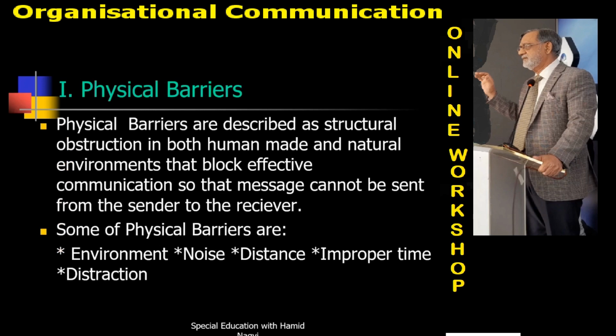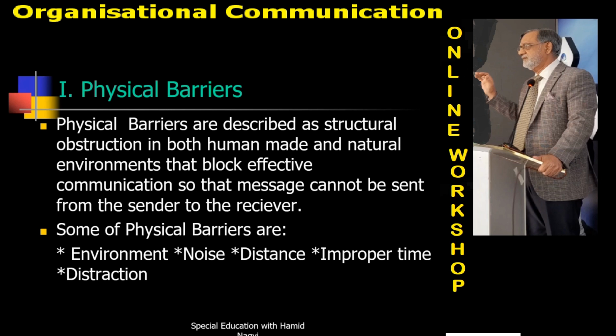Now, the first one we talked about is the physical barrier, and physical barriers are described as structural obstructions. They are structural obstructions in both human-made and natural environments that block effective communication so that the message cannot be sent from sender to receiver.